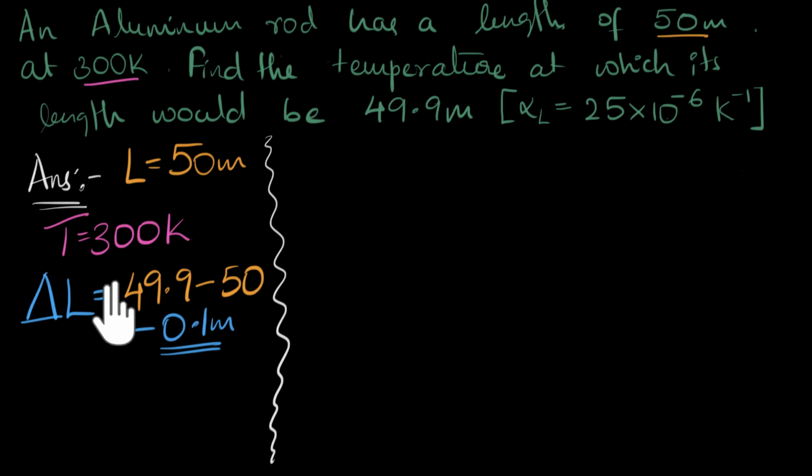The first thing we'll do is try to connect delta L, temperature, length, and alpha L, everything. We'll try to build a connection between them. And the way we like to do that is we can say delta L equals alpha L when we have a 1 meter long rod and the change in temperature is 1 Kelvin.